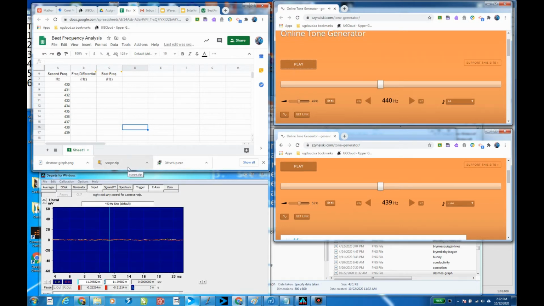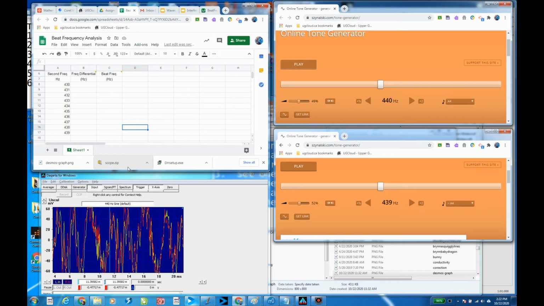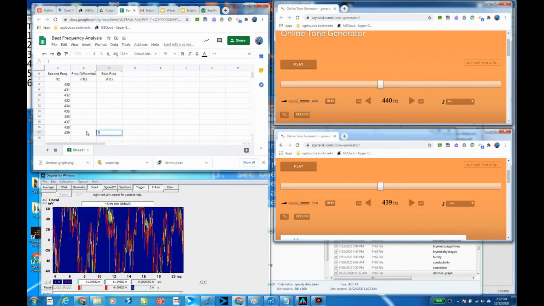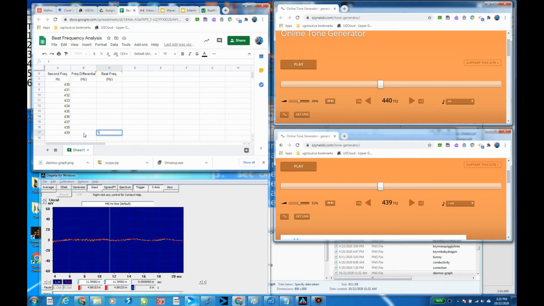The beat frequency is how many of those pulses you hear per second. Now you can time these on your watch if you'd like, but with a single hertz difference, the beat frequency I heard was 1. And we changed from 440 by a value of 1.